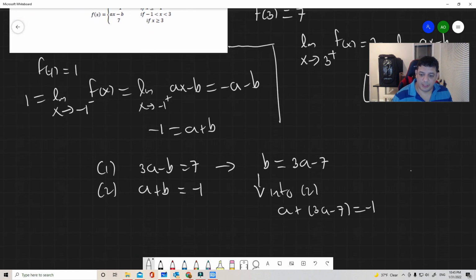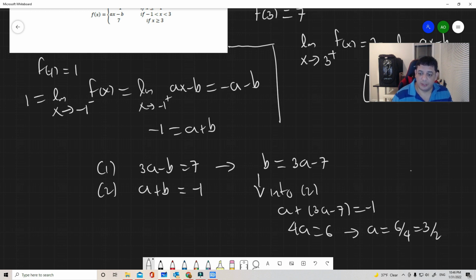So at this point, I obtain that 4a is equal to, as this 7 is going to move to the other side to add, 6. And so that implies that a is 6 over 4, or 3/2.